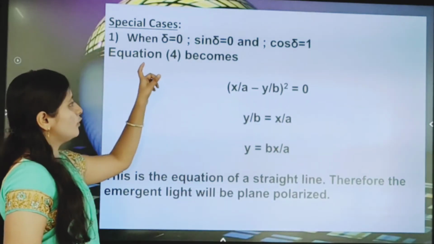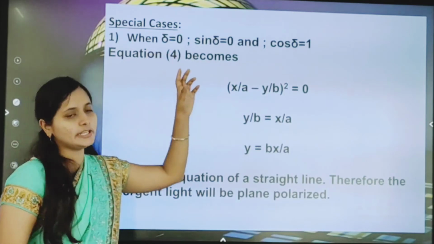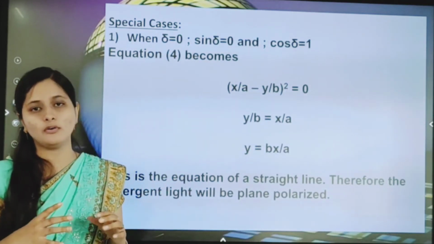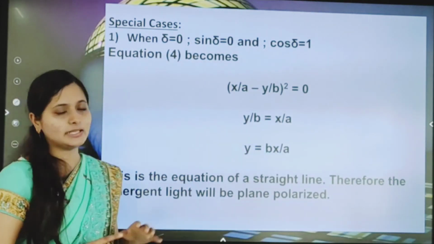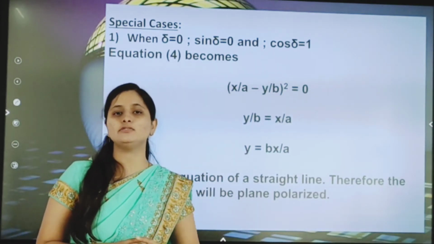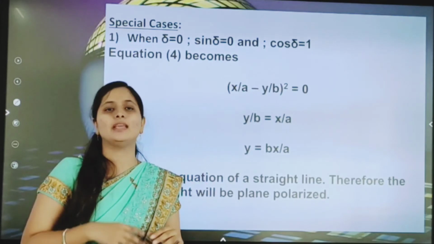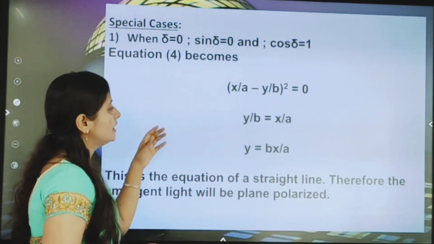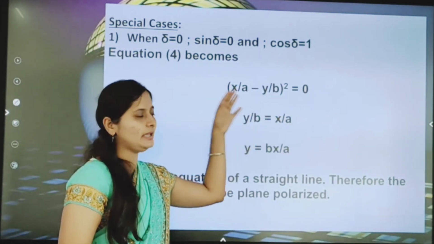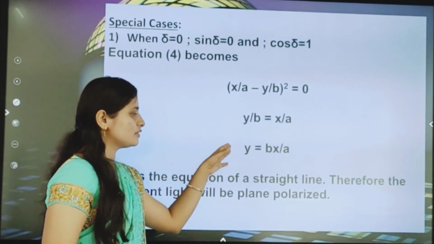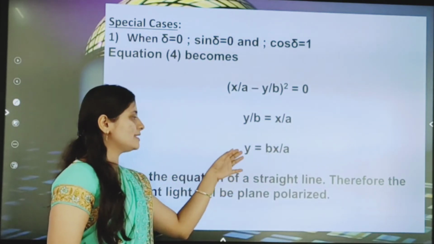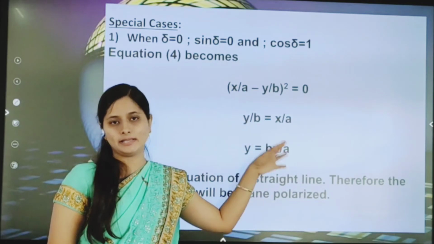So we are substituting these values in equation number 4. By substituting these values, we will get (x by a minus y by b) whole square equal to 0. Again simplifying, we will get y by b equal to x by a, and in terms of y, y is equal to bx by a.